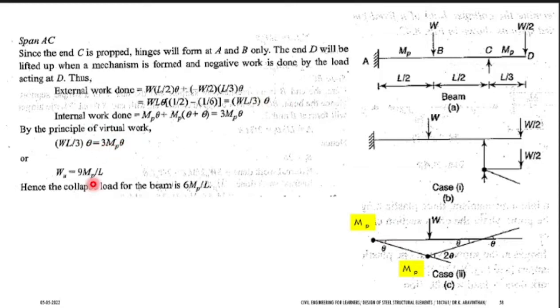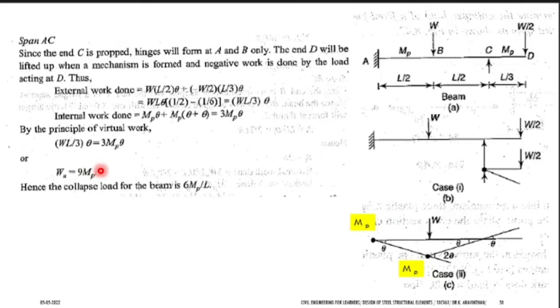Now at which load you will be getting collapse? You got two answers, no? Which span will get collapse? This is 9 MP by L and the previous answer was 6 MP by L. So what do you mean by that? See, take MP as a constant. Take MP as 10. Now you substitute here. 9 into 10. Take L as also 10. Take your span as also 10.